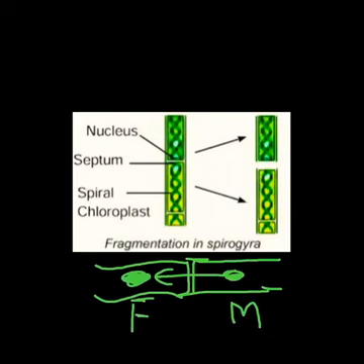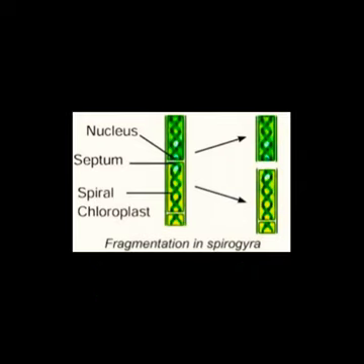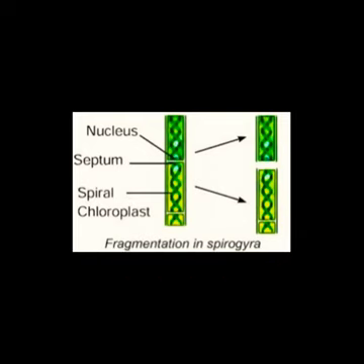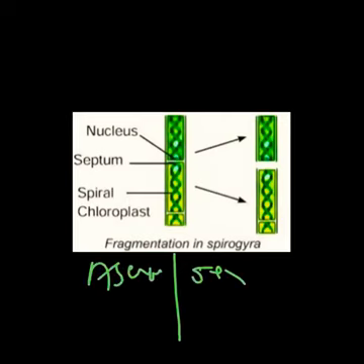So in this way also sexual reproduction takes place in a single filament of the Spirogyra, right? But you have only asexual reproduction in your syllabus for Spirogyra. So just you should know that Spirogyra can reproduce by two means, asexually as well as sexually, right?